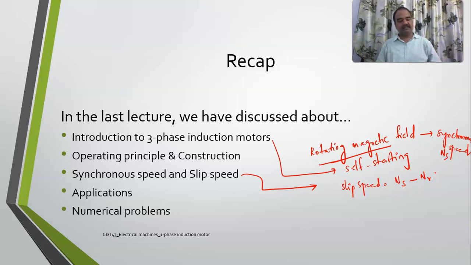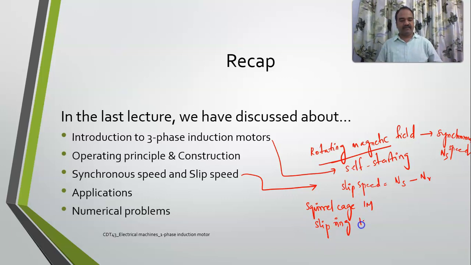And we have seen that there are two types of three-phase induction motors depending upon the rotor: squirrel cage induction motor and slip ring induction motor.